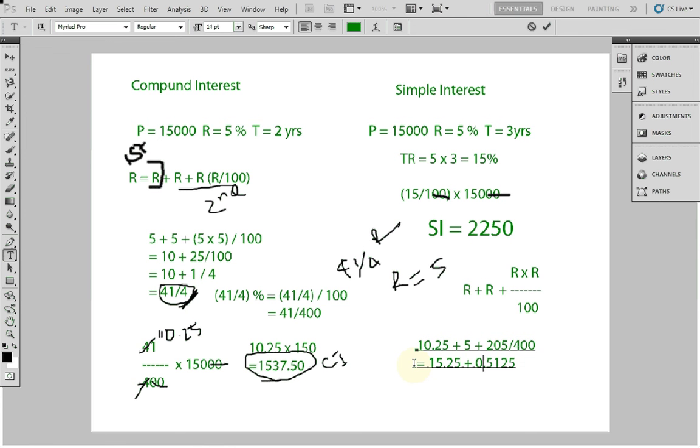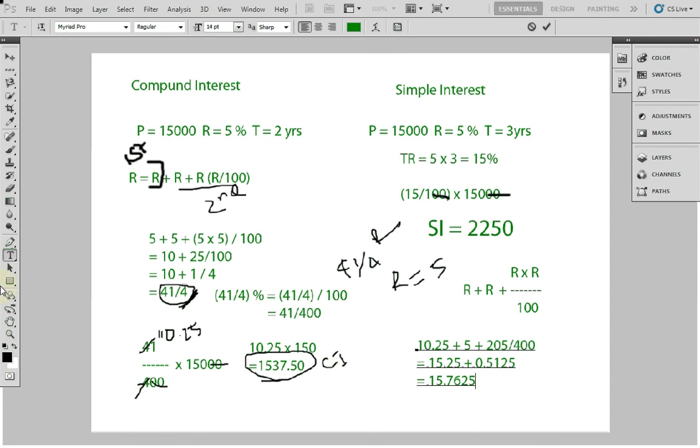Okay, now what I did, yeah, 5, yeah here its value will be 15.7625.